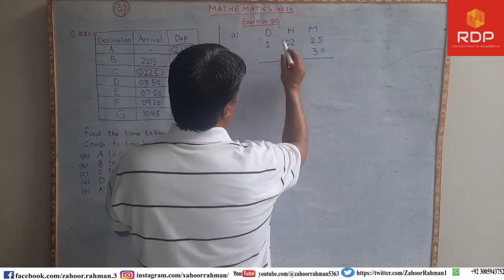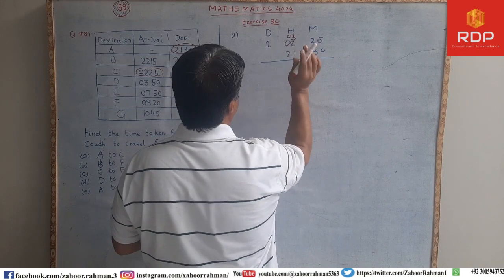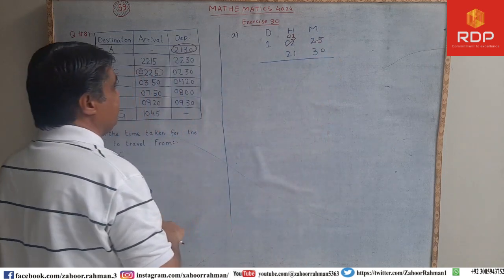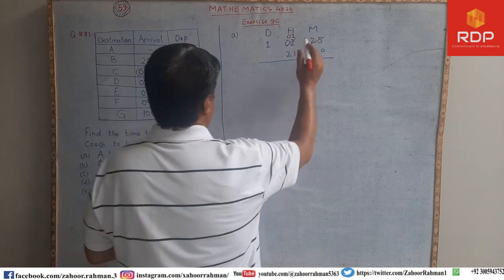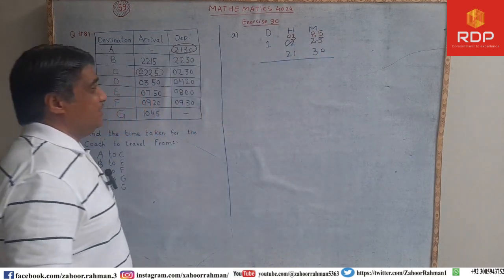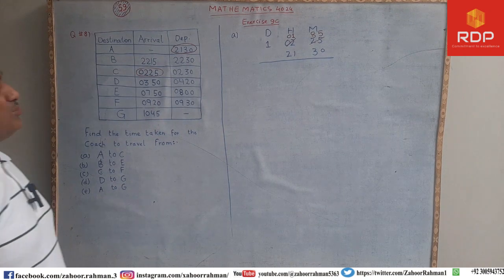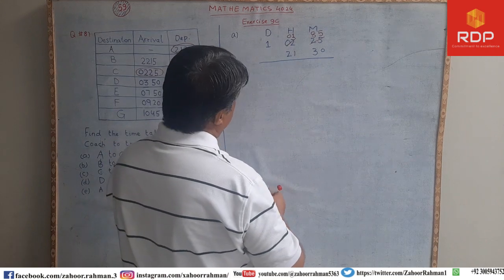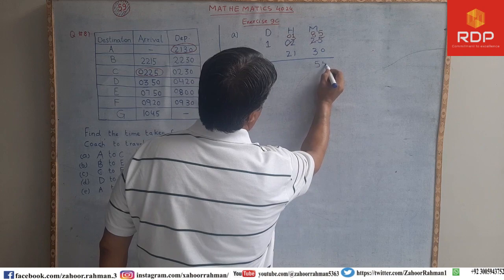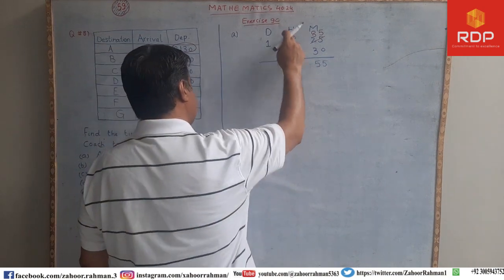You have to give one carry, so it will be 1 hour remaining and this will be 85 when 25 is added to 60. So it will be 85. So now we can subtract this. So it will be 55. And can 21 be subtracted from 0?